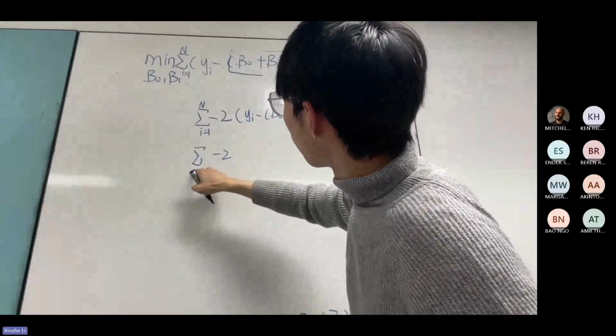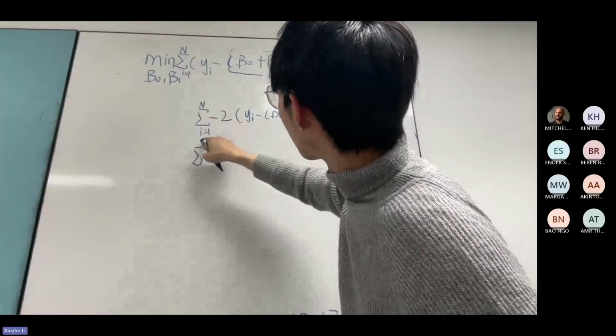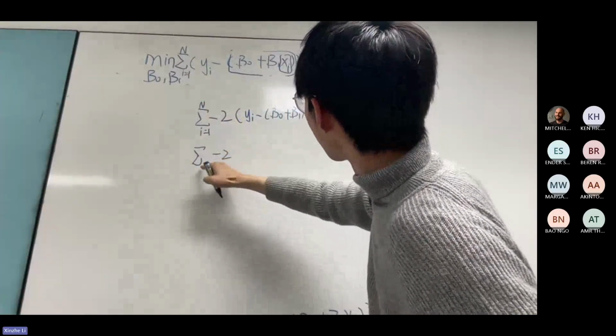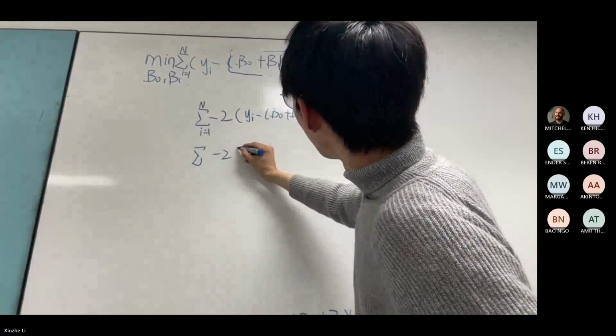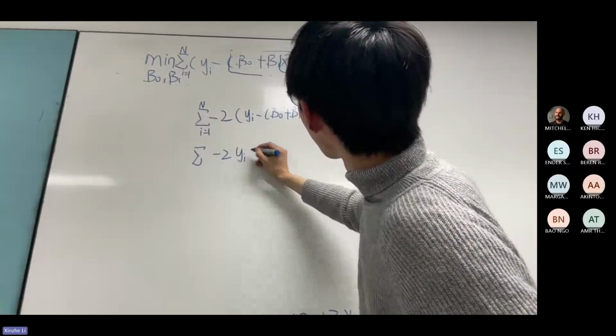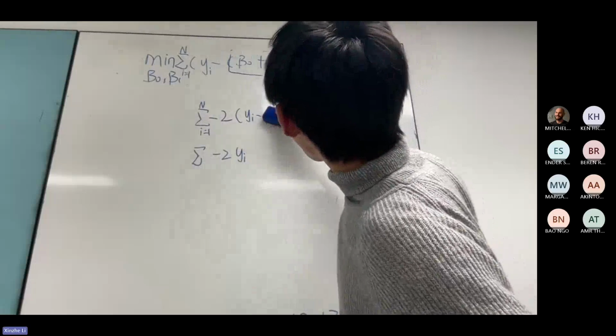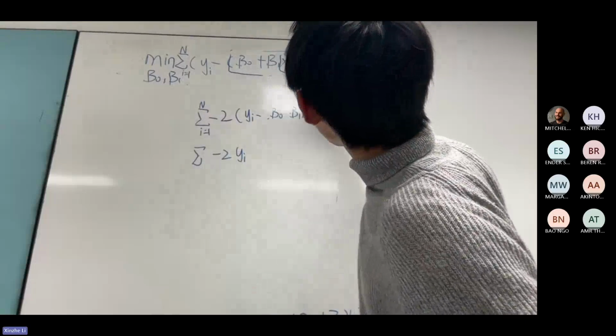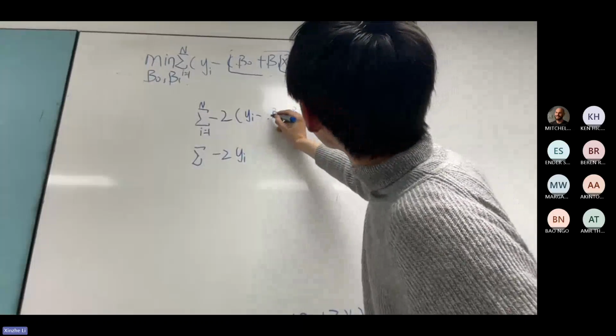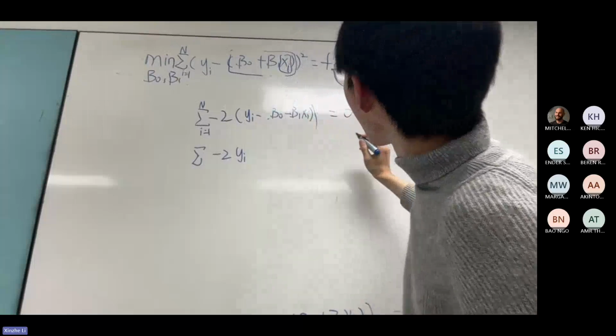For brevity, I won't write this, but you know what I mean, it's the summation. Sum of yi minus beta 0 minus beta 1 xi.